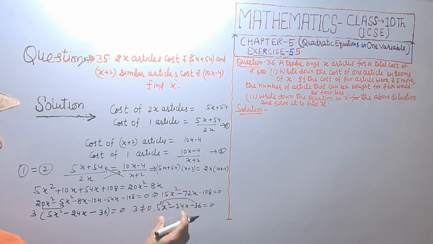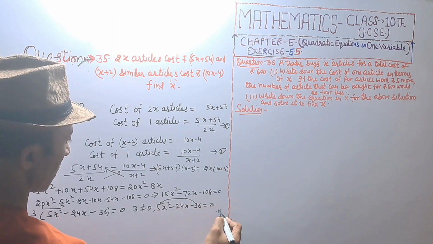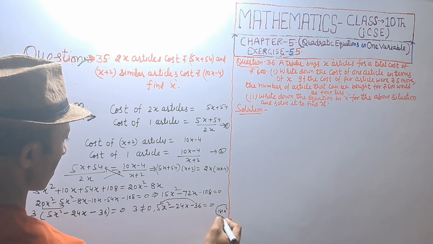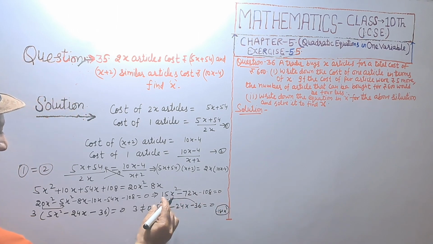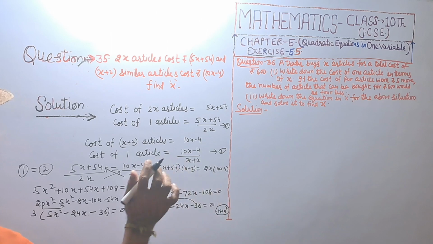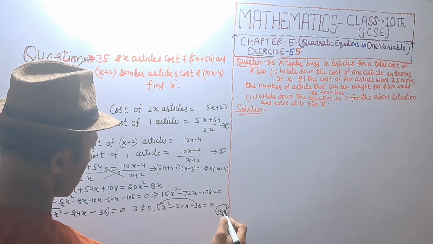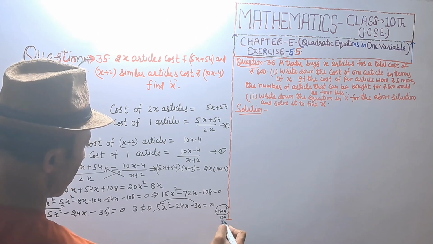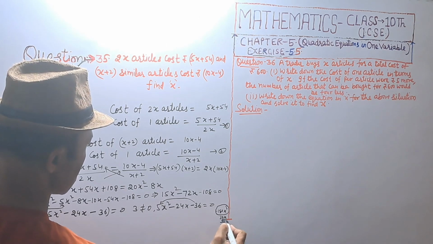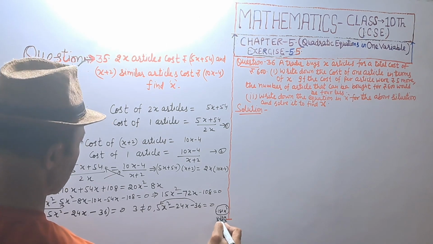We are factorizing. Product of first and last is equal to minus 180x square. 36 5s are 180, minus 180x square. We are taking two numbers, that is 5x square minus 30x plus 6x minus 36 equal to 0, since minus 30x plus 6x equal to minus 24x.